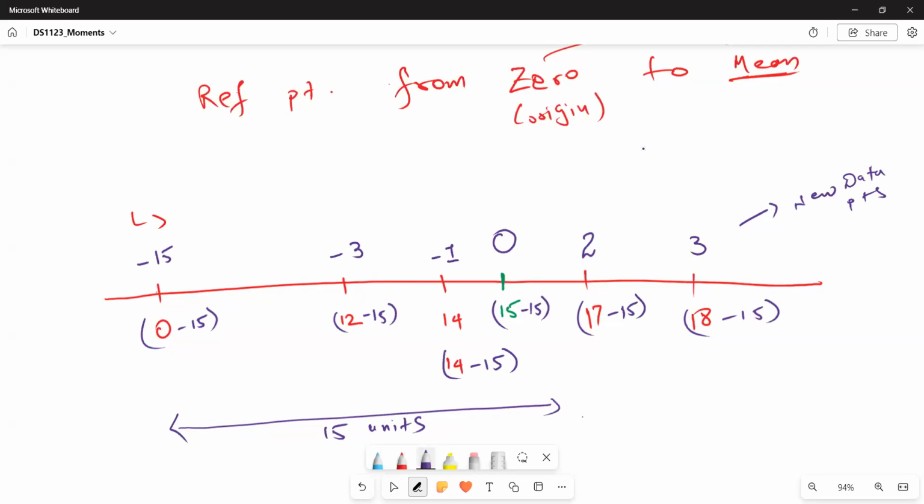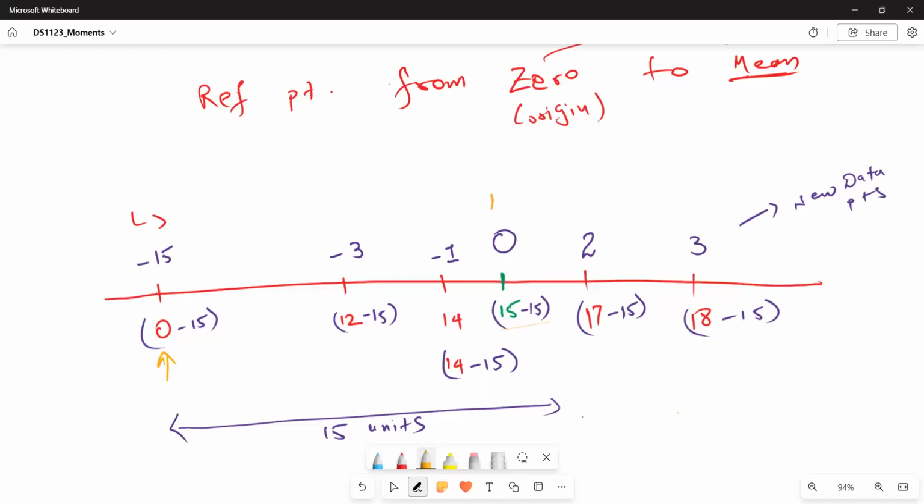Right? Now, you'll see one thing, that's since I've shifted the origin to the mean of this data, I've shifted this origin. I hope this color is visible, yellow, right? You can raise your hands, put a yes or a no in the chat section. I'll get to know this. Right? So we are shifting this origin to the mean of the data.